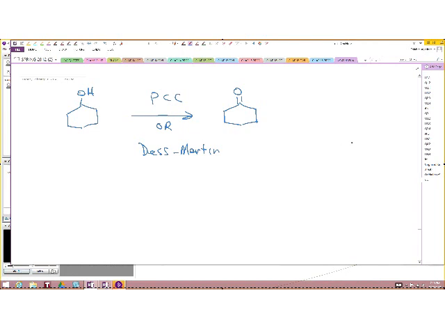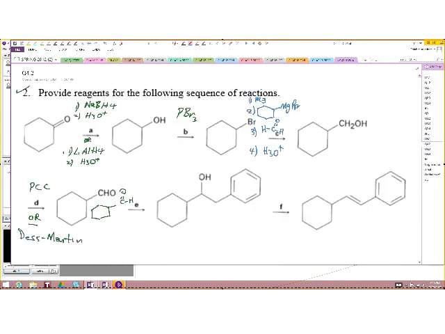Okay, so now let us go back to our question here. Going from the primary alcohol to this aldehyde here, we need either PCC or Des-Martin. However, going from the aldehyde to a secondary alcohol, what do you need? Grignard, exactly.